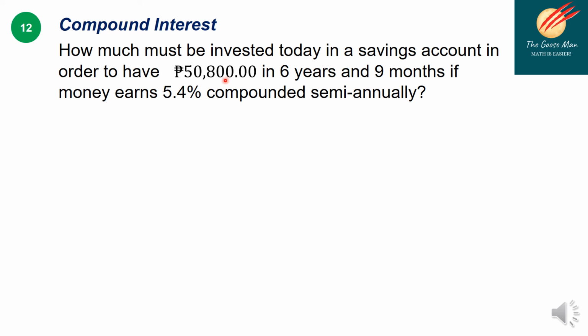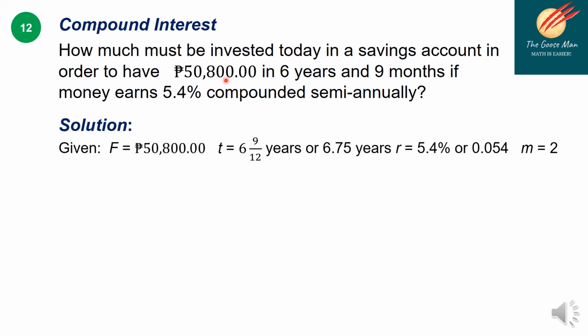However, you are looking for how much money you will invest today, which is actually your present value. Now, to solve this problem, let's identify the givens. The future value is 50,800 pesos, while the time is 6 years and 9 over 12 years, or 6.75 years.